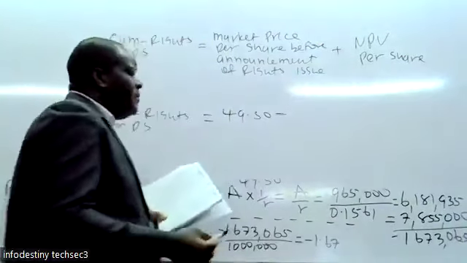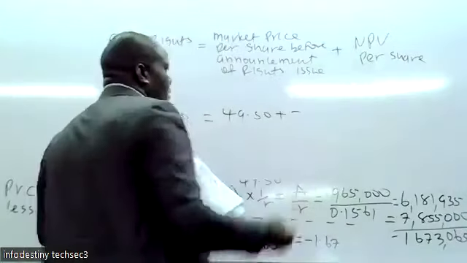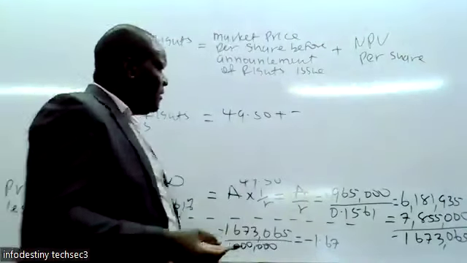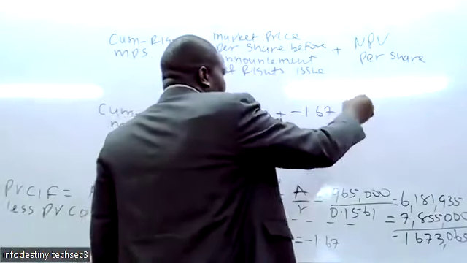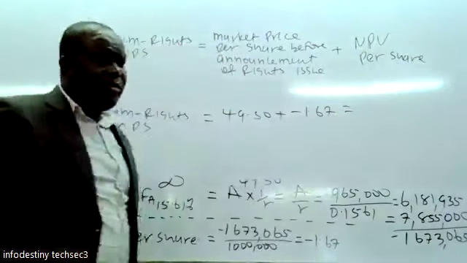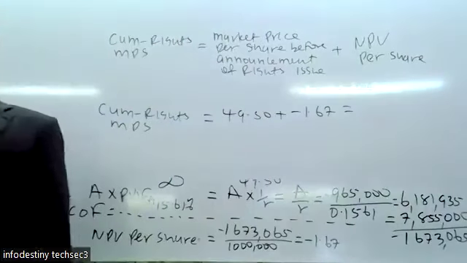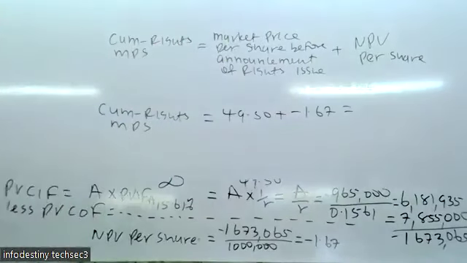Now you add the NPV, which is negative 1.67. That means you subtract that figure. That is now meant to give you the cum-right market price per share.